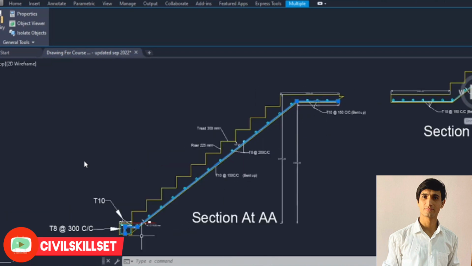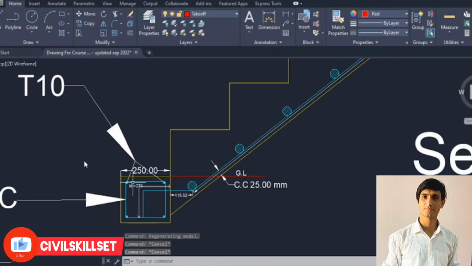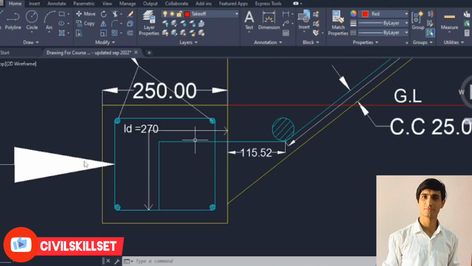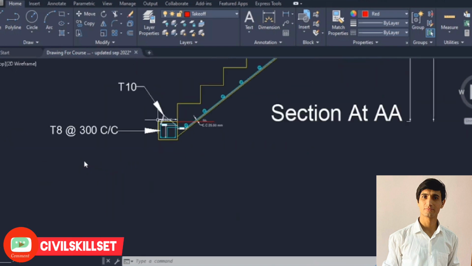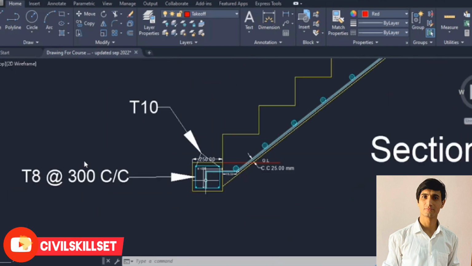AutoCAD. Now here first of all we have stair beam, and the stair beam is a very simple one. We have found out the grade beam and the top beam, and as compared to that, this is very simple one. We have 4 bars over here in the direction of our width, and the dia is mentioned over here, T10. You can find out this one as well. And we have stirrup over here with T at the dia 300, the spacing in the direction of width.